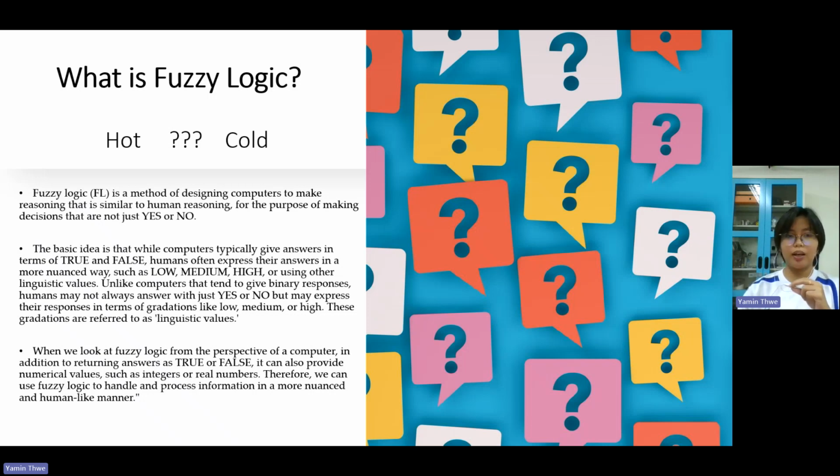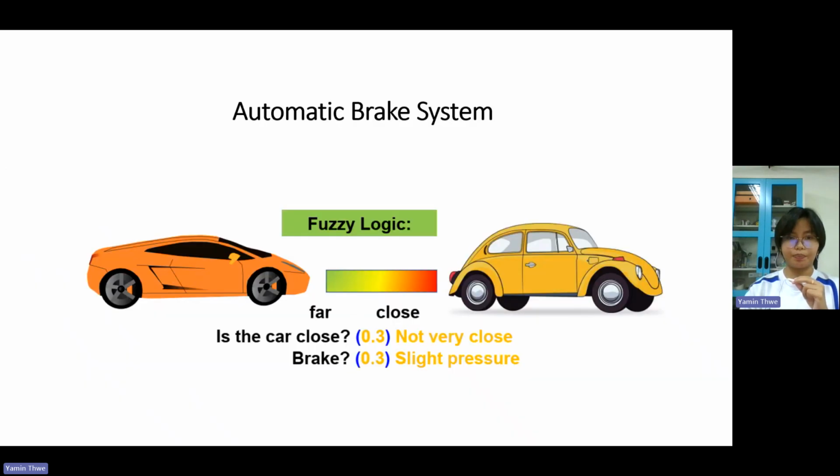Fuzzy logic is a method for designing computers to handle that kind of condition and to send the control to our robot. This is one example of using fuzzy logic: an automatic brake system.